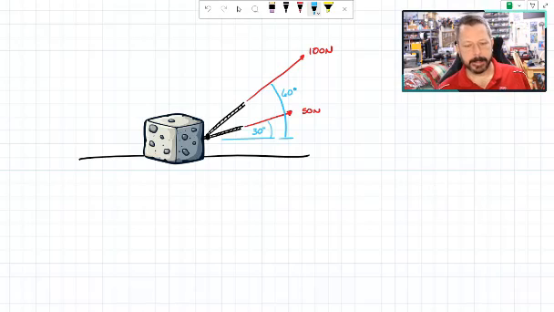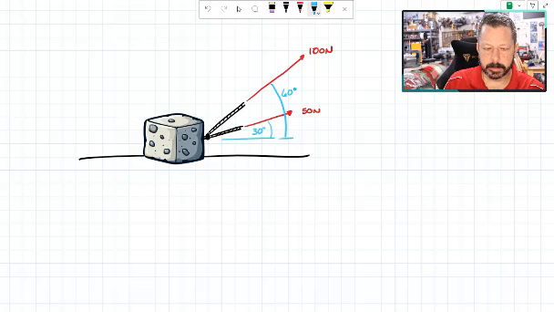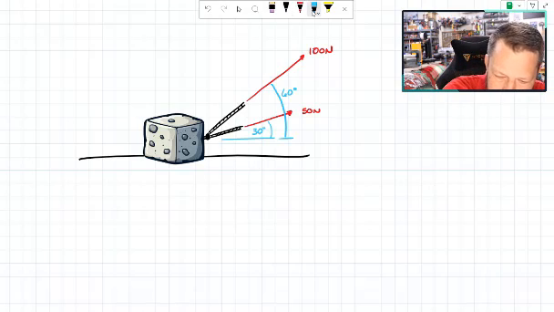So now this one, we do have the idea that this block is sitting on the ground, and there's some kind of friction force between it. And so if we look at it from that point of view, we don't have a concurrent force system. But what I'm going to do is look at just this little guy.